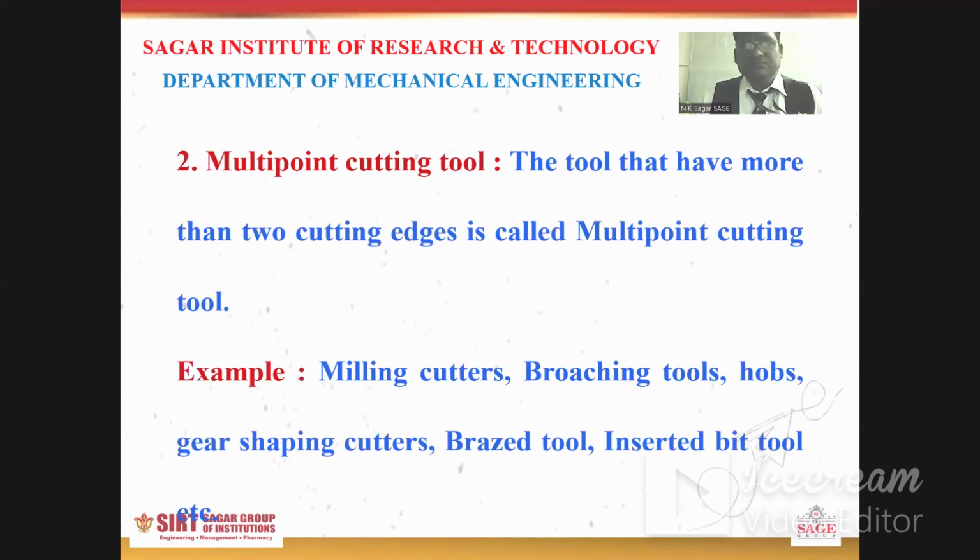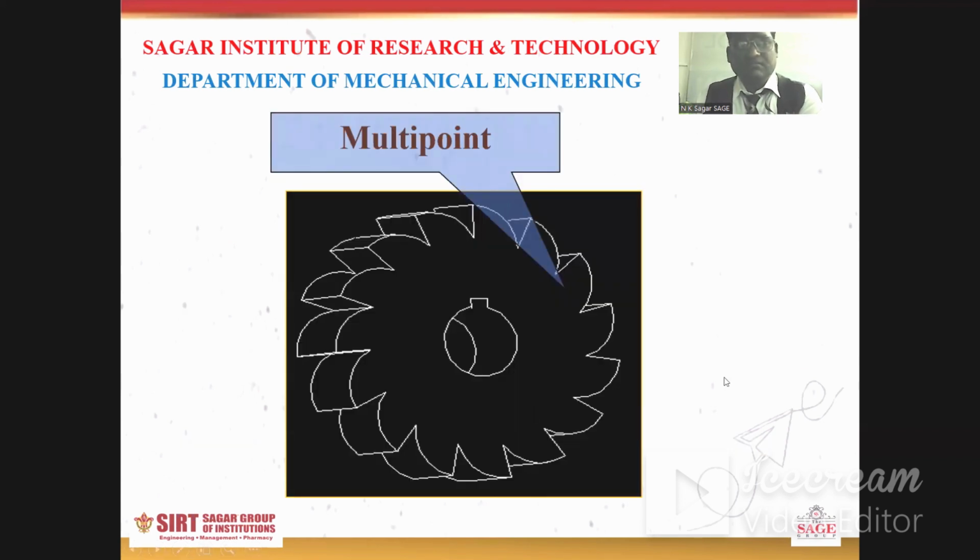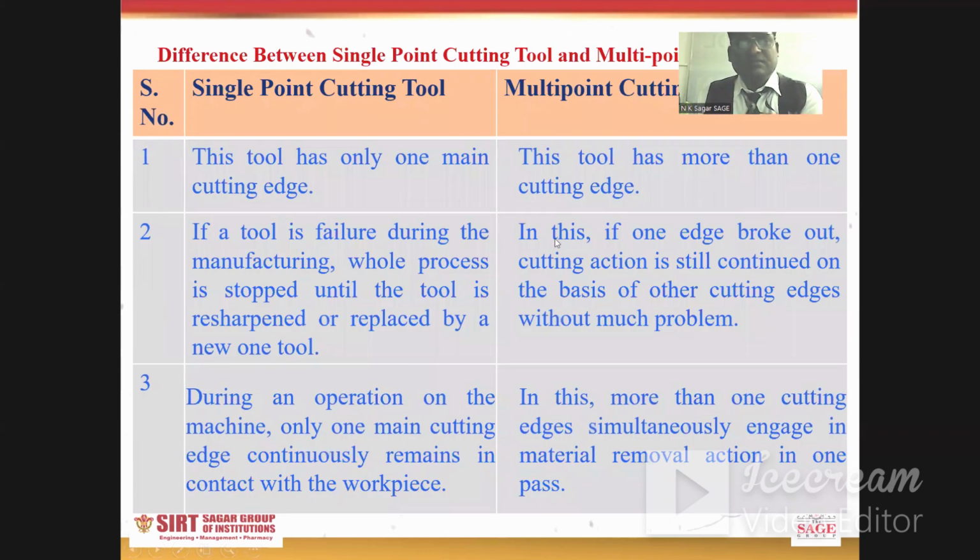Multi-point cutting tool, the tool that has more than two cutting edges, is called multi-point cutting tool. Examples: milling cutters, broaching tools, hobs, gear shaping cutters, grazed tools, inserted bit tool, etc. These all are multi-point cutting tools. This is a milling cutter, that is a multi-point cutting tool.